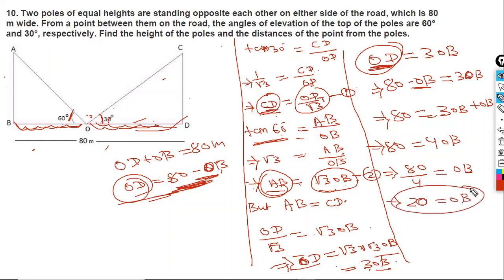We got the length of OB. Look at the figure, OB is 20 meter.